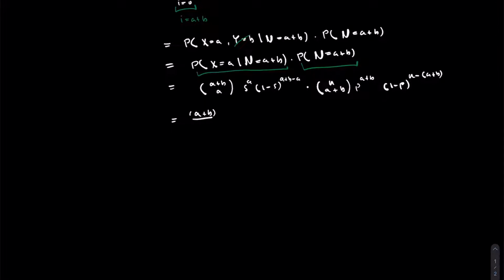So they have a plus b choose a, plus b minus a. Just going to show this multinomial probability. I think that's a nice realization.